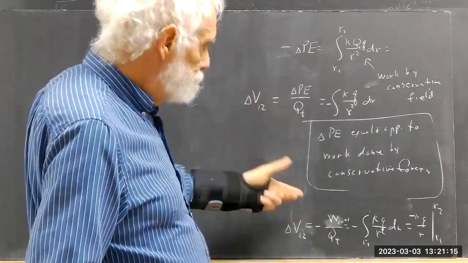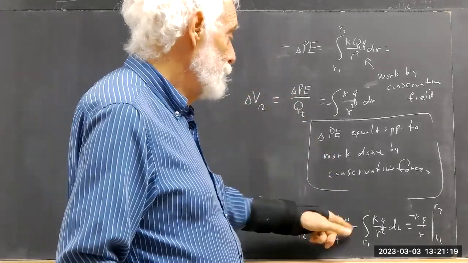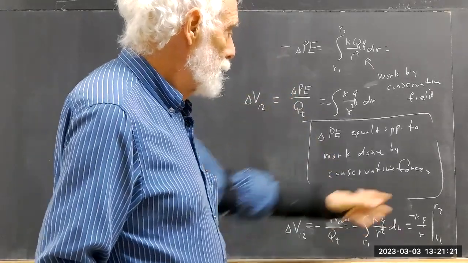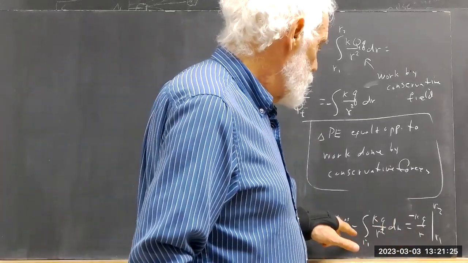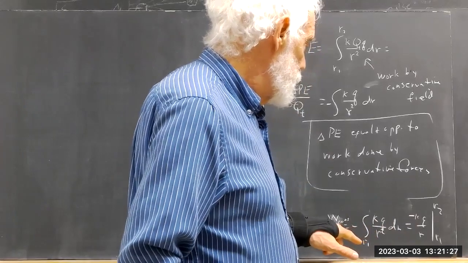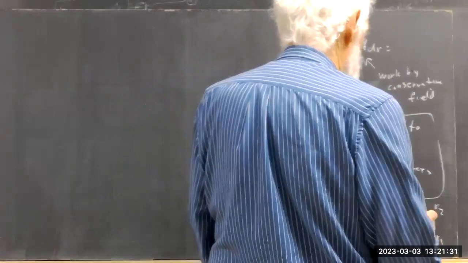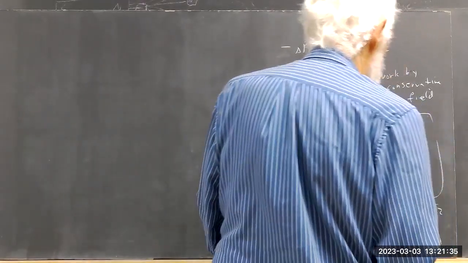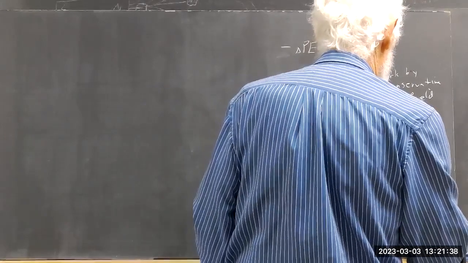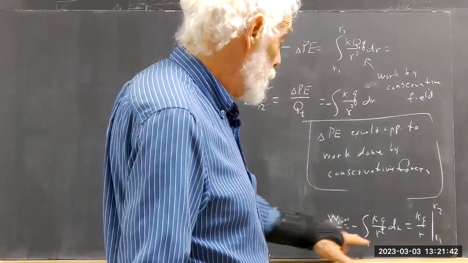which is the change in potential energy per unit of test charge, and so forth. And then this comes out as an integral. Well, you know, the antiderivative of 1 over R squared is negative 1 over R, so the negative sign goes away.